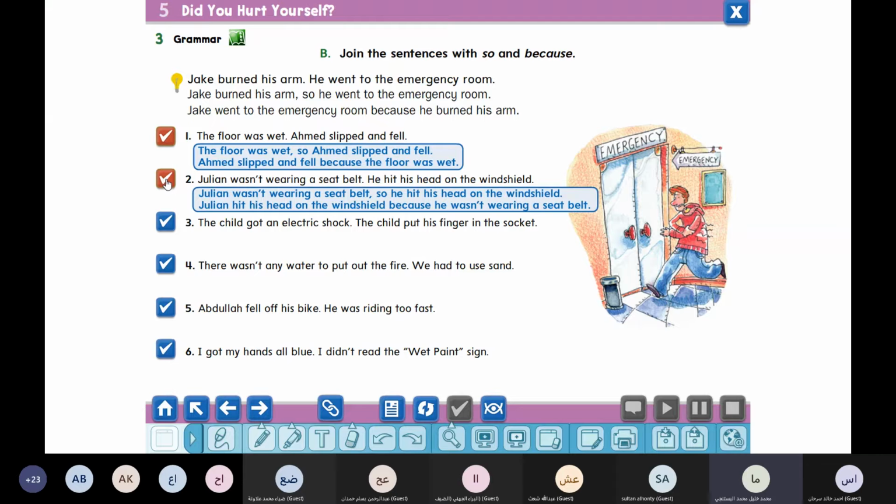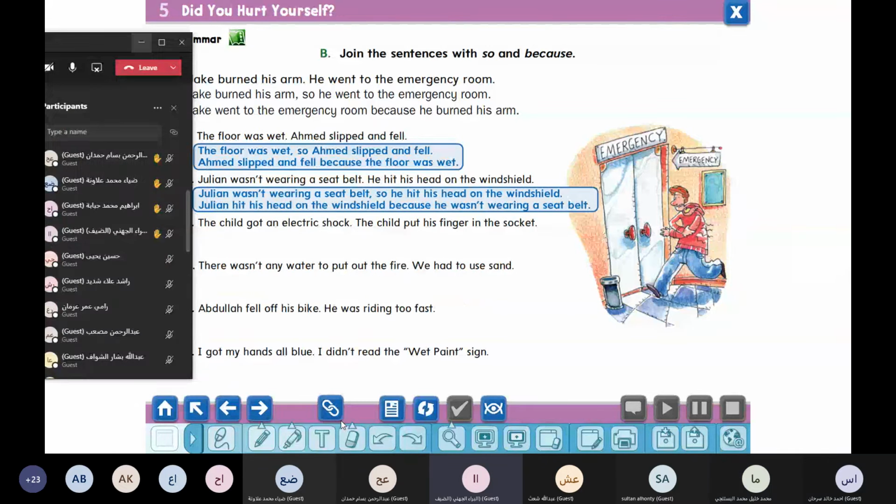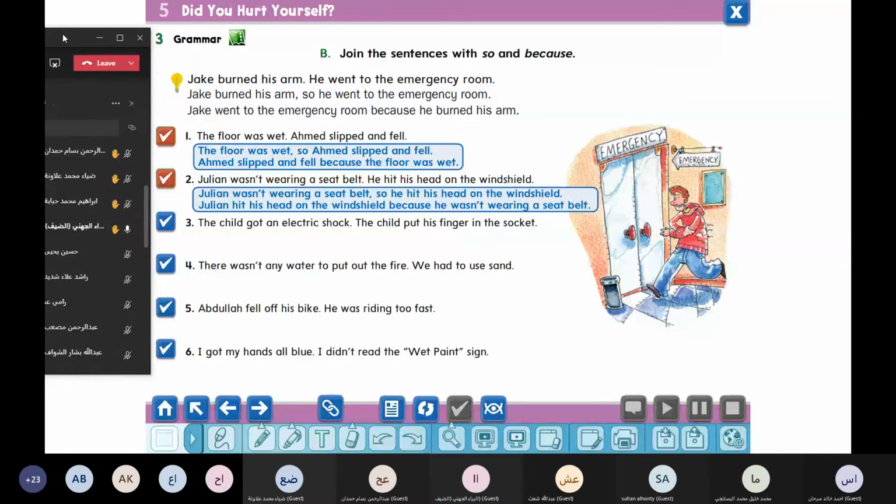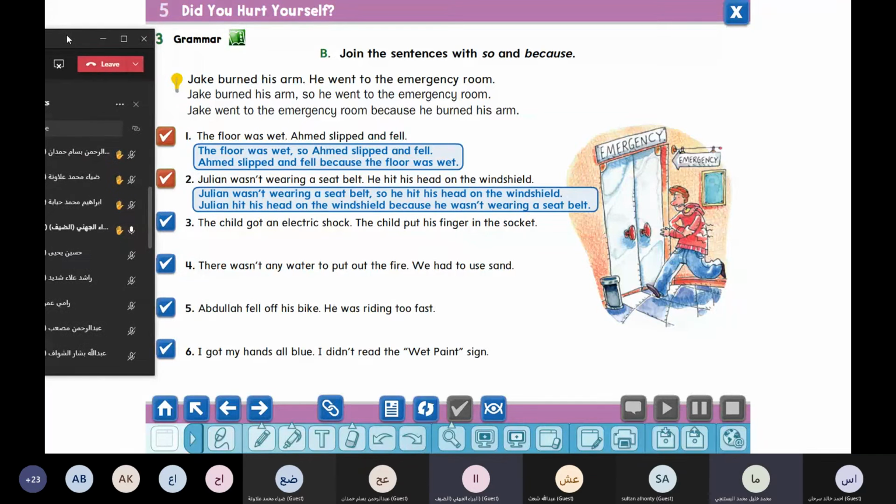Good. Number 3. Can I answer? Yalla, Baraa. Okay, teacher. Number 3. The child got an electric shock. Because the child put his finger in the socket.